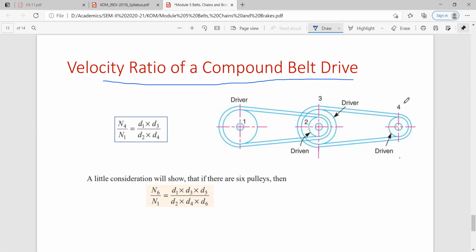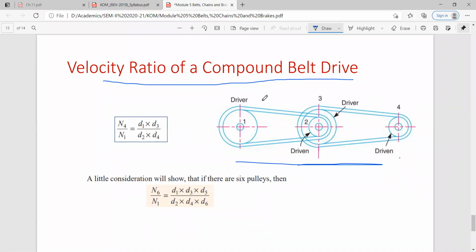So how will you write the velocity ratio of this drive? It is equal to N4 upon N1. And if you do the calculations, you will find that it is equal to the product of the diameters of the driven pulleys, d2 into d4, upon d1 into d3, that is the product of diameters of the driving pulleys. Okay, so it is driver, it is driven, and to this, the third pulley is the driver.